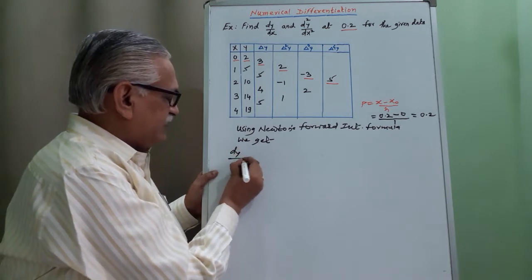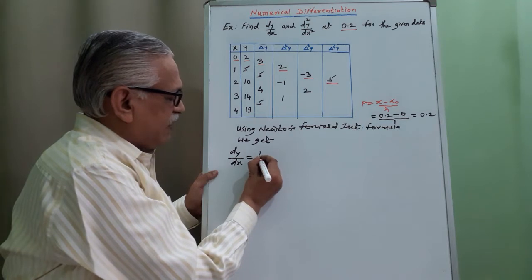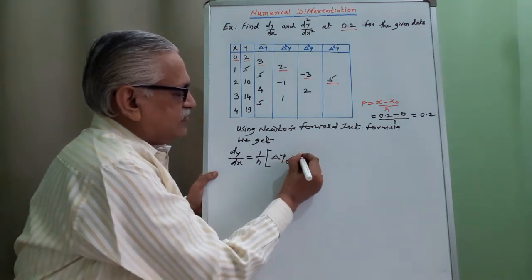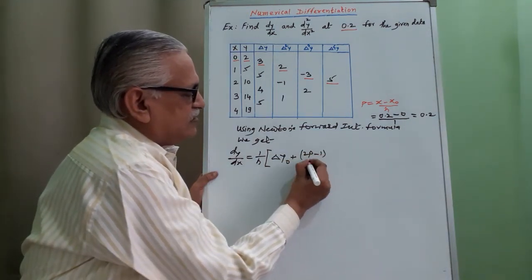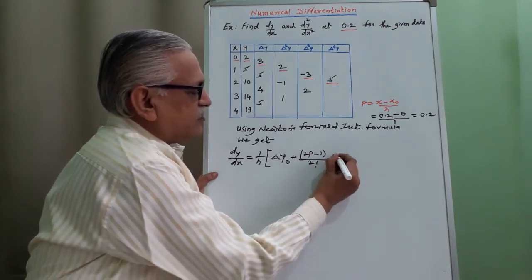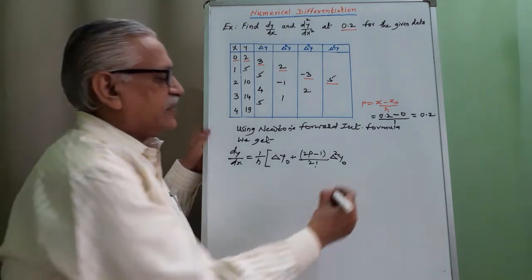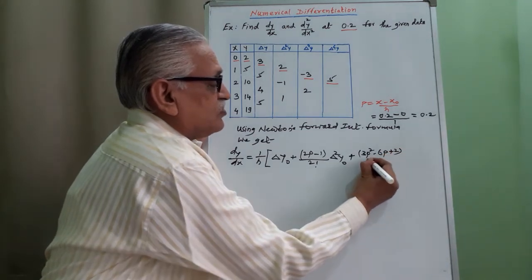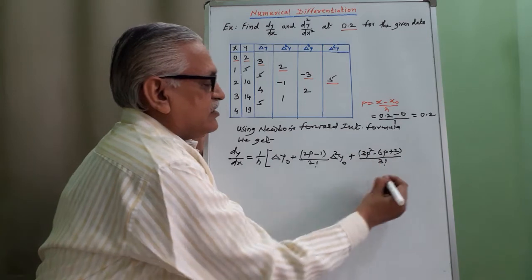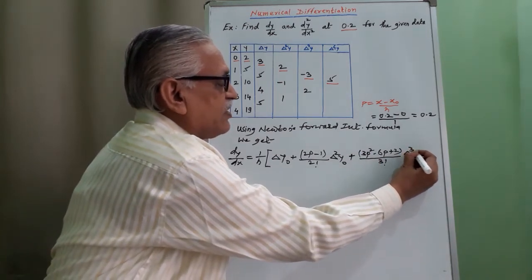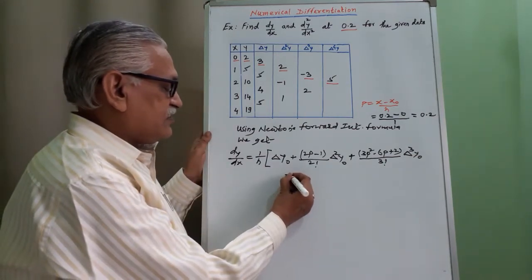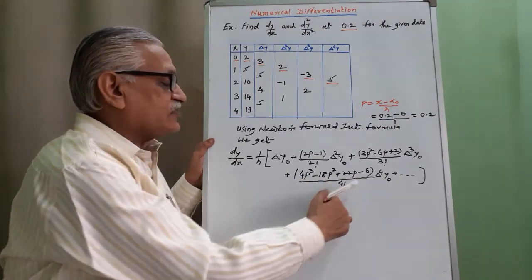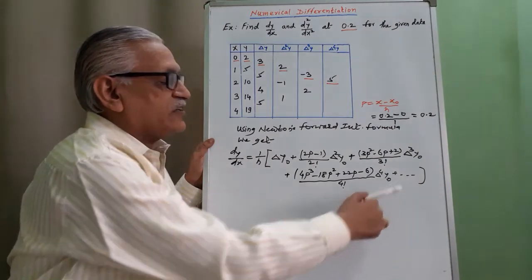Therefore, we have dy by dx is equal to 1 by h [del y0 plus (2p minus 1) divided by 2 factorial del square y0, then next plus (3p square minus 6p plus 2) divided by 3 factorial into del cube y0, plus next term (4p cube minus 18p square plus 22p minus 6) divided by 4 factorial into del raised to 4 y0].